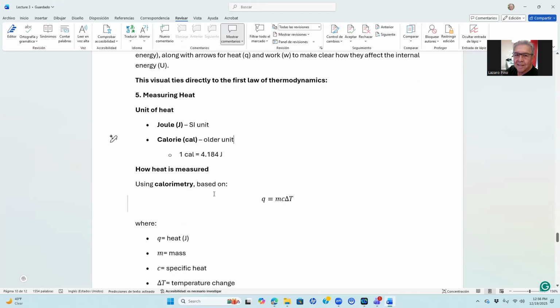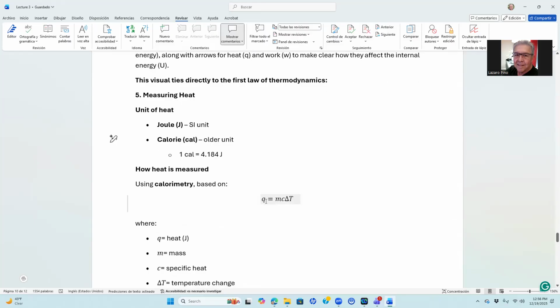Also, using calorimetry, you can measure the change of the amount of heat in a system.